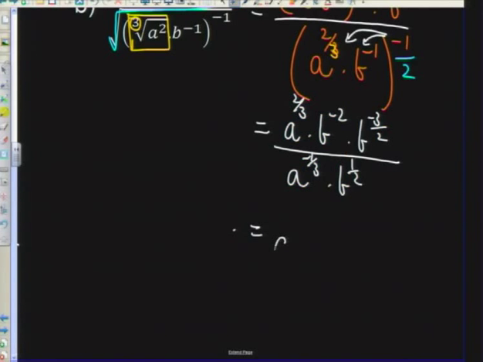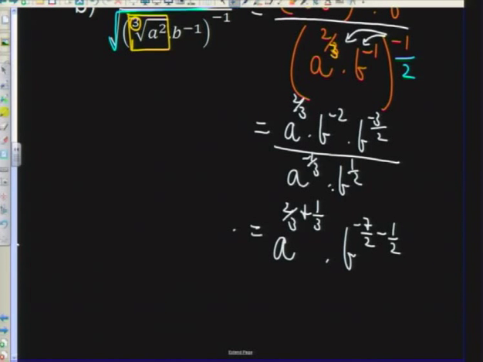So we're going to get a to the power of 2/3. When we divide the same bases, we subtract our exponents. Multiplied by b, same base, add exponents, so it's minus 7 over 2, and we subtract this one.